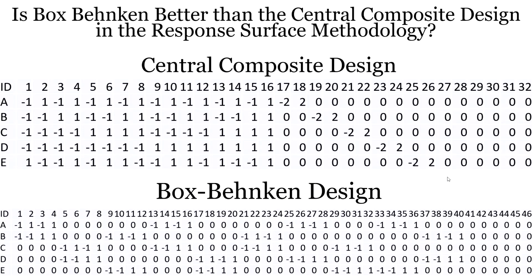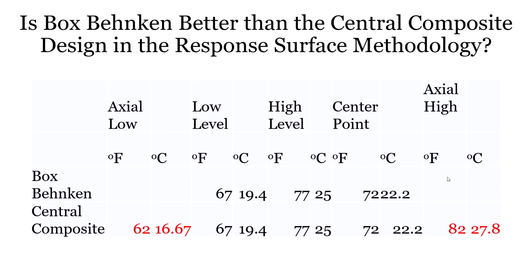So for 5 factors, let's talk about just one factor, the temperature. For example, let's say one of the factors is temperature. The way Box-Behnken is created, we have this low level, say 67 degrees Fahrenheit that we are testing, which is equivalent to 19.4 Celsius, and the high level is 77 degrees Fahrenheit.